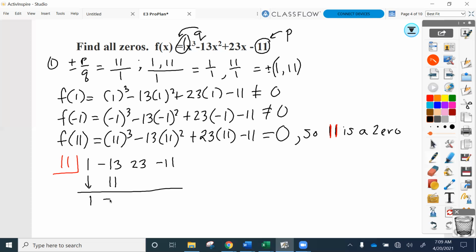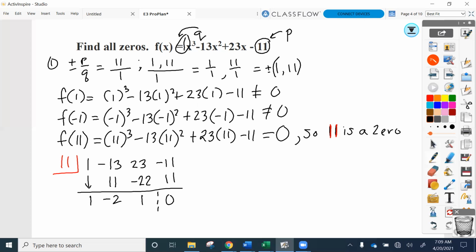Okay, you get -2. -2 times 11 is -22. Add those two together, you get 1. 1 times 11 is 11. And no surprise that the remainder is 0, right? Because the theorem above said that if you put the 11 in the original equation, you get a 0 out. That means that when you divide it, you would also get a 0 remainder.